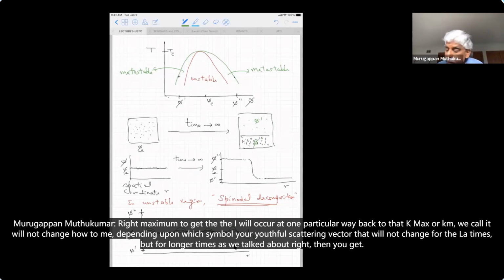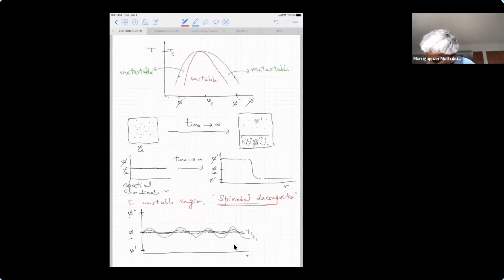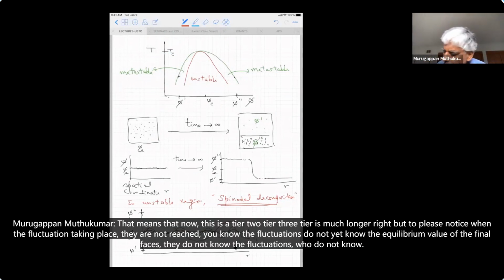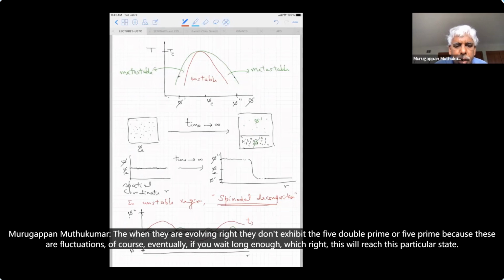But for longer times, as we talked about, you get fluctuations like this. That means that now this is T2, T3. T3 is much longer, right? But please notice that when the fluctuations are taking place, they have not yet reached the equilibrium value of the final phases. These fluctuations do not know about it while they are evolving.